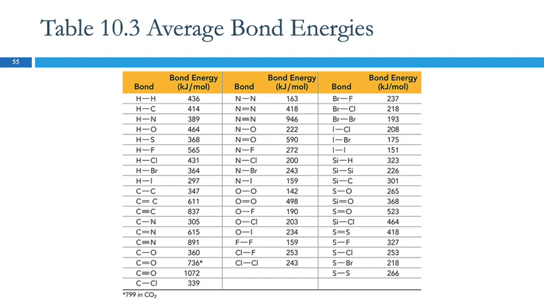There was a carbon-oxygen single bond, 360. There was an oxygen-oxygen double bond over here, 498. And we had carbon-oxygen double bond. And that was in CO2. So 799. Did I miss any?